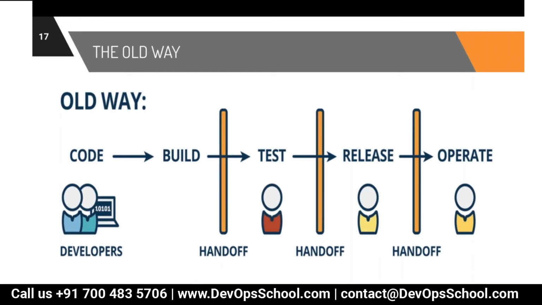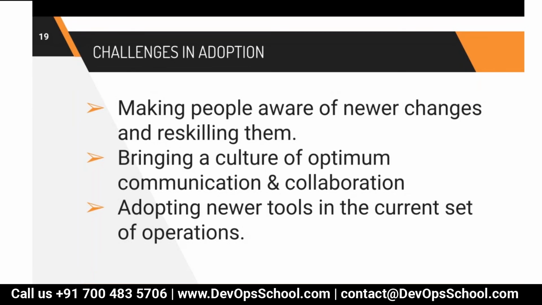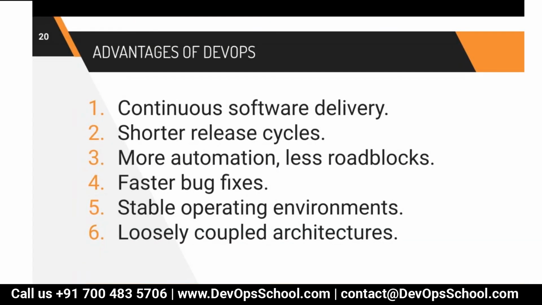So this loose coupling between different tool sets and different processes gives you broader control. So when we say loosely coupled architectures, what we mean is loose coupling between your SDLC cycle processes.